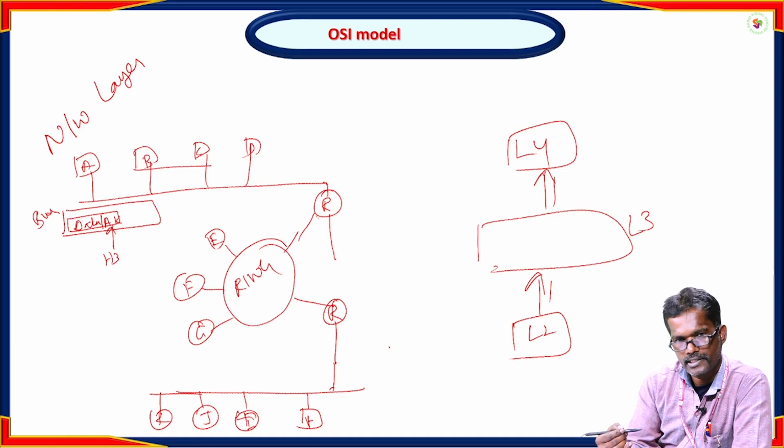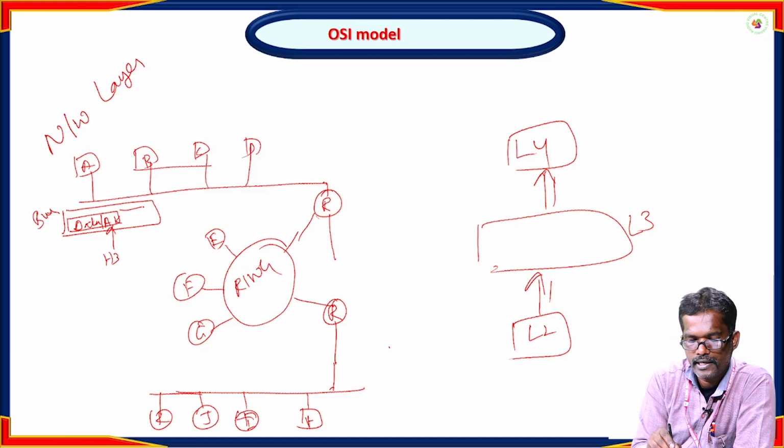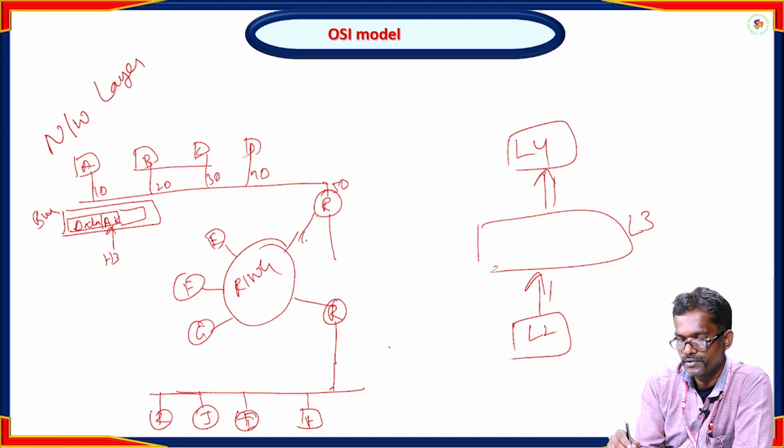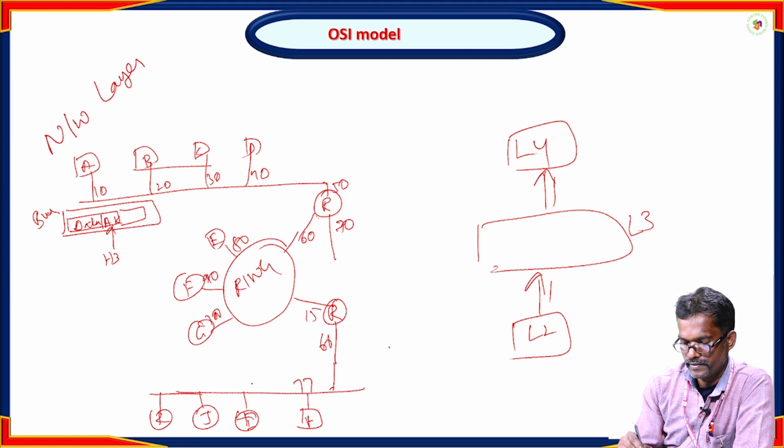And in the next layer, the data link layer, we have added H2, in which the source address and destination address will be there. Suppose here 10, 20, 30, 40, 50, 60, 70, 80, 90, 100, 15, 66, 77, 88, 99, 68.